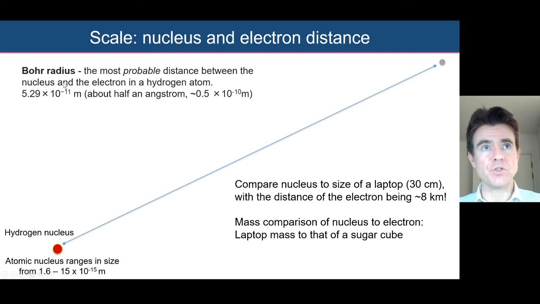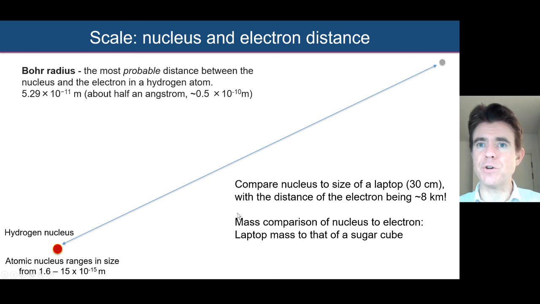But for now, let's just take this Bohr radius to be about 0.5 times 10 to the minus 10, exactly what we would expect, because an angstrom, about the size of an atom, is 10 to the minus 10. And so the radius of an atom is about half an angstrom, and that's what the Bohr radius is, although this is elegantly calculated via the Bohr model of the atom, a beautiful model which we'll get into later.